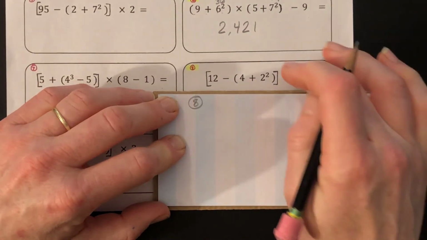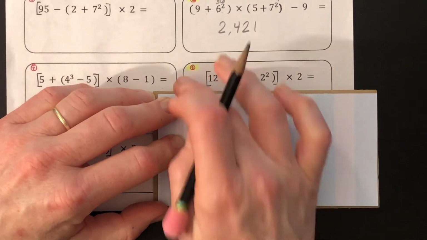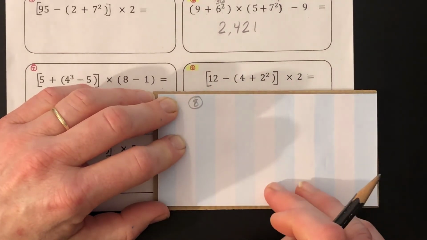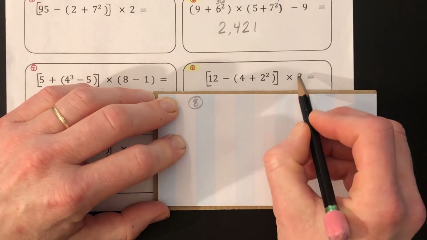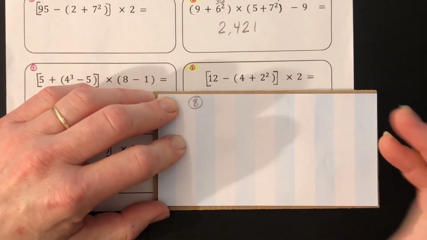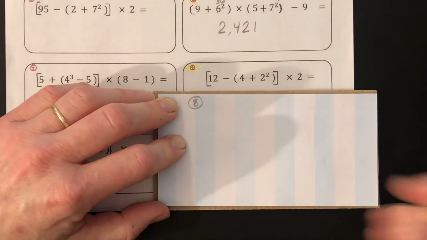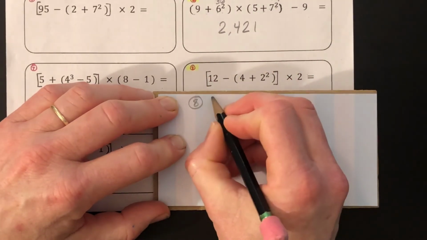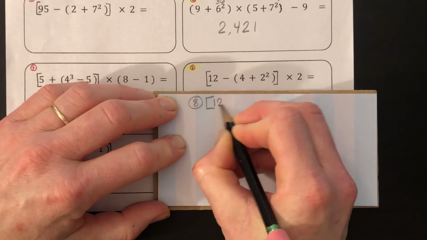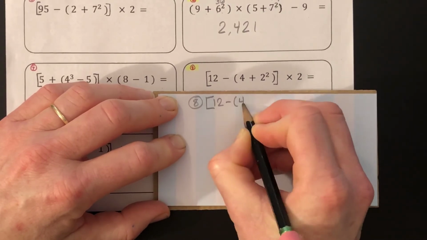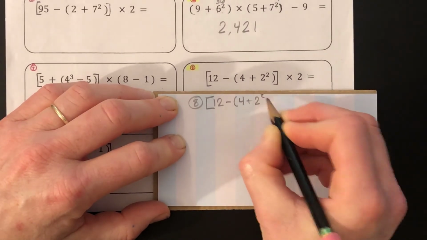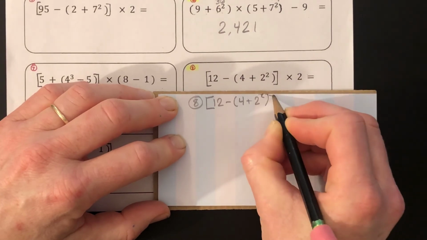It's just easier than, if you keep writing the same problem over and over again after every step, you end up writing that over and over and over again. So I just prefer to just do that first and then come back to my original expression. So we'll start with what's inside the brackets. 12 minus 4 plus 2 squared brackets.